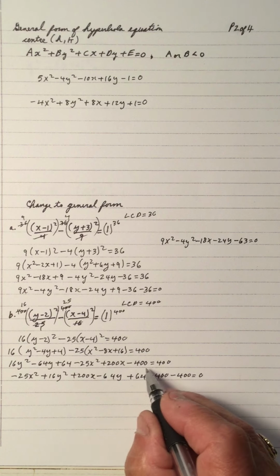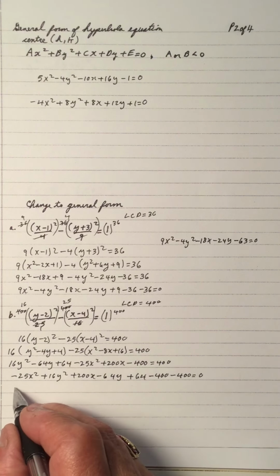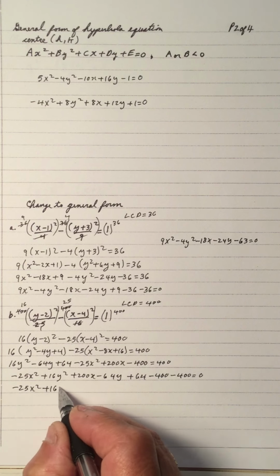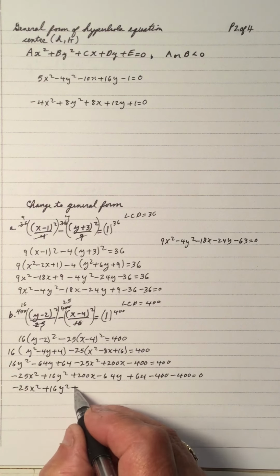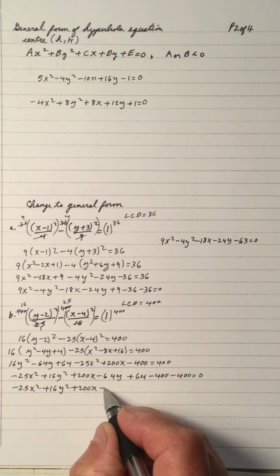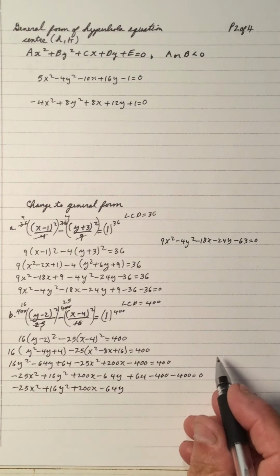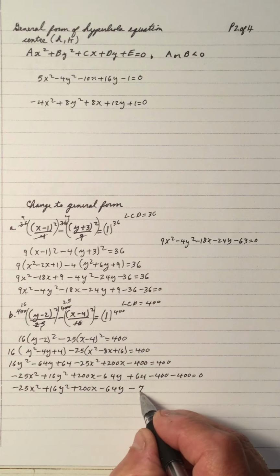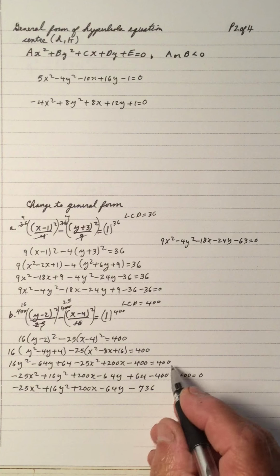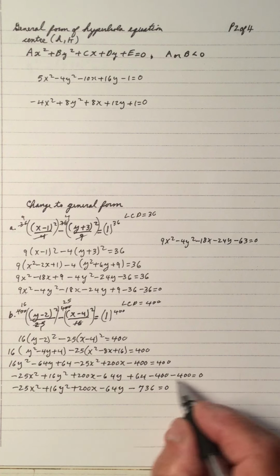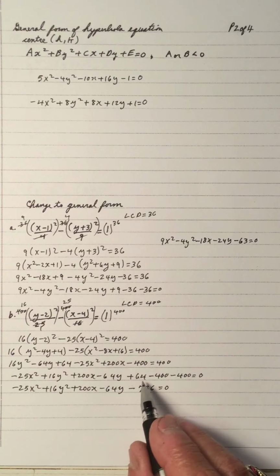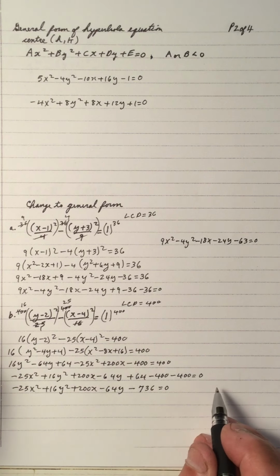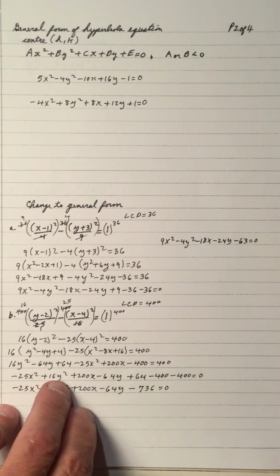The 400 moves over to the left to become negative, so that gives us negative 25x squared plus 16y squared plus 200x minus 64y, and negative 800, that's a negative 736, equals 0 when you add those up. And just check it. If you take 64 and add on to that, you should get a negative 800. Perfect. And that's the general form.